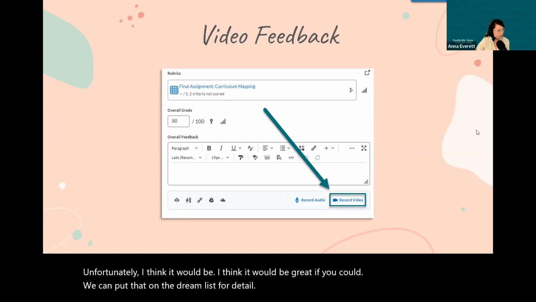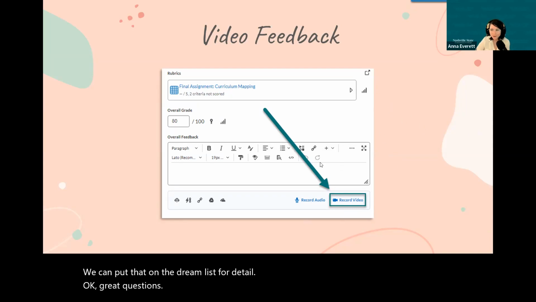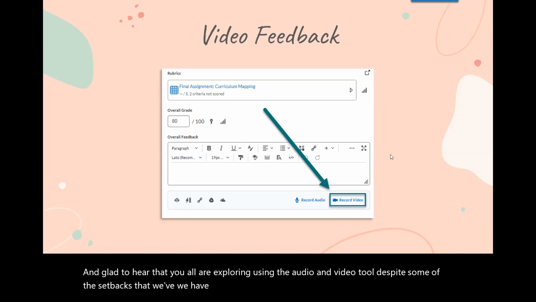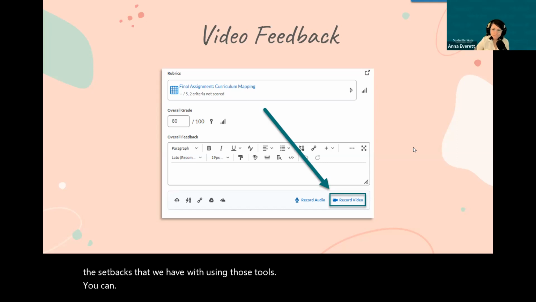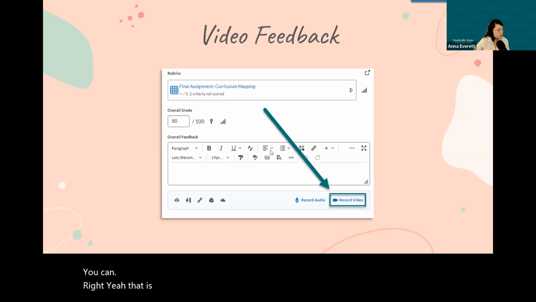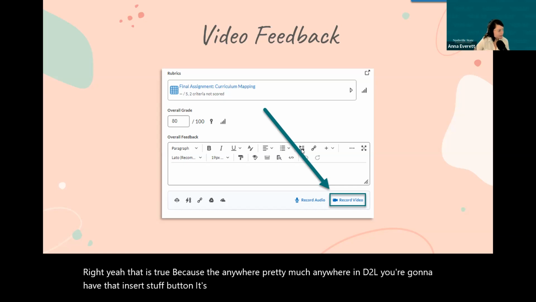Okay, great questions. And glad to hear that you all are exploring using the audio and video tool despite some of the setbacks that we have with using those tools. I think you can add video to quizzes. It goes as an attachment, or in the feedback text editor, you can insert stuff as well. Pretty much anywhere in D2L, you're going to have that insert stuff button. It's behind the arrow with the play, pause, record, stop button.